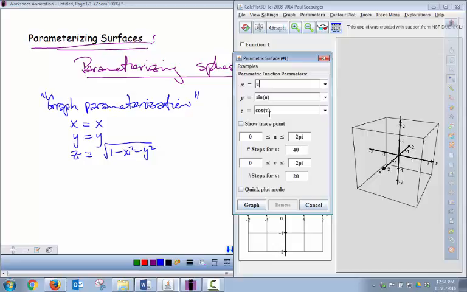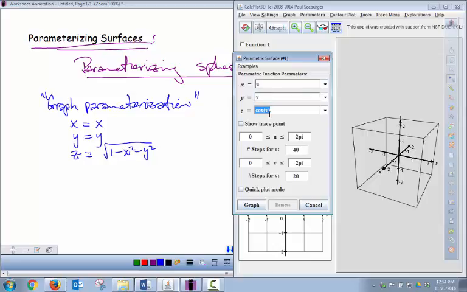So remember that a lot of programs use either u's and v's or s and t's to graph surfaces. And so if I have this in terms of x and y, I just should find the appropriate substitution. I'll let x equal u and y equal v.